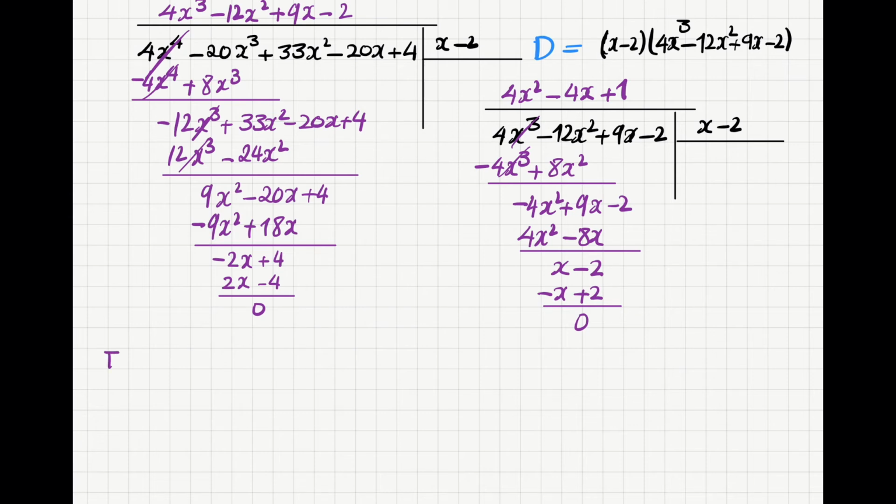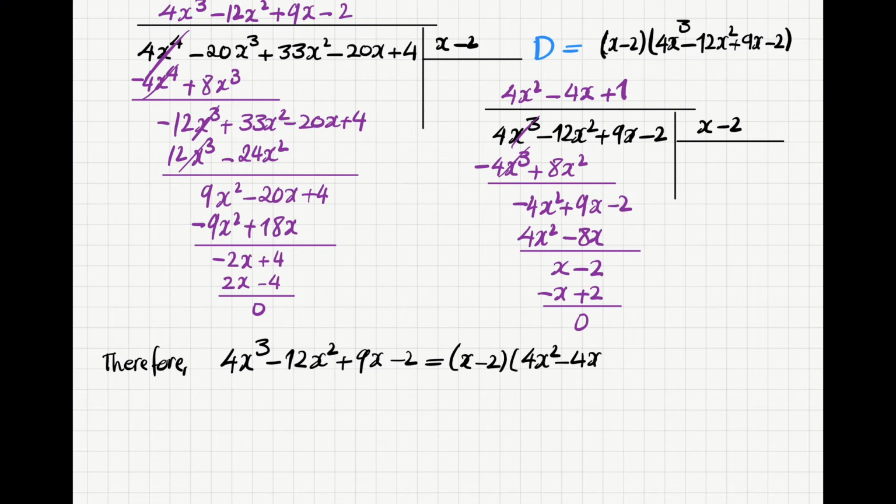Therefore, let me change my color. So therefore, 4x to the 3 minus 12x squared plus 9x minus 2 is equal to x minus 2 times 4x squared minus 4x plus 1.